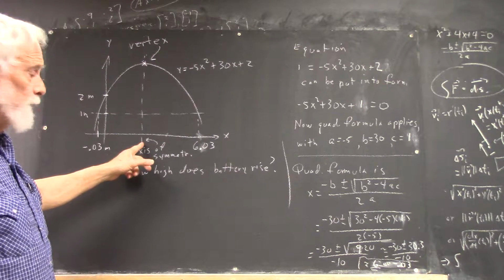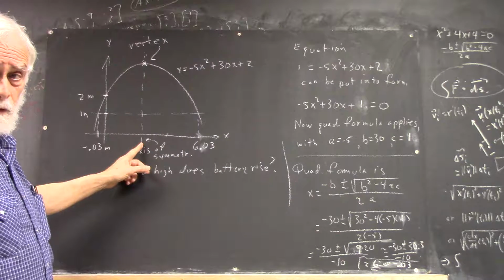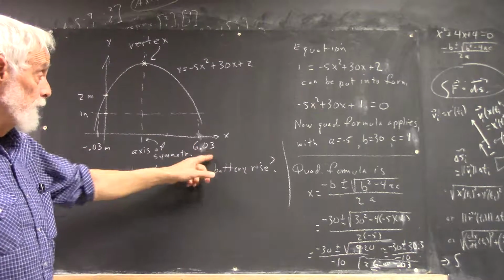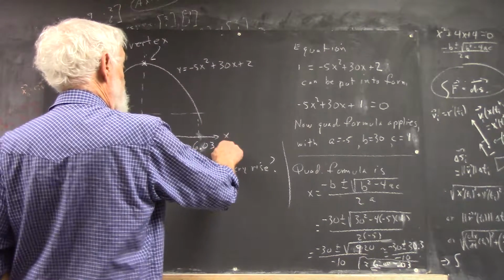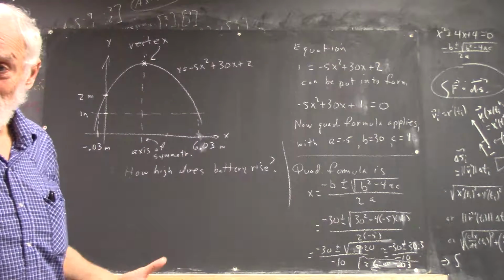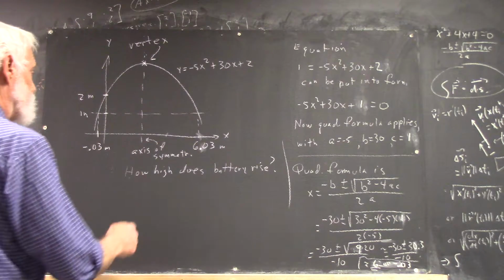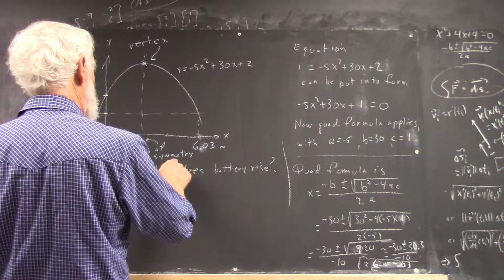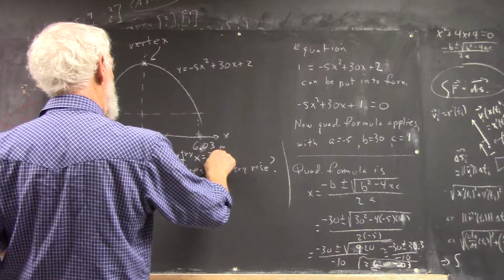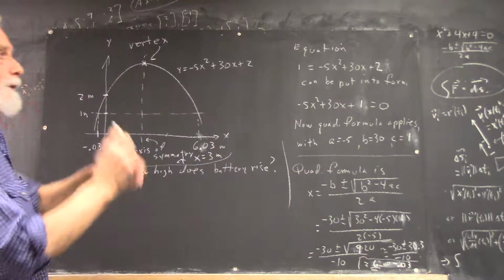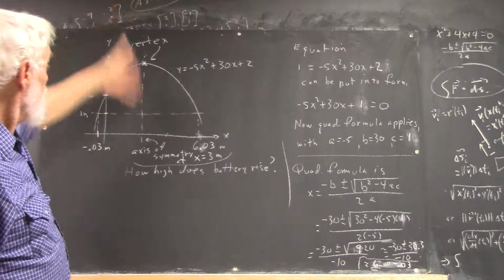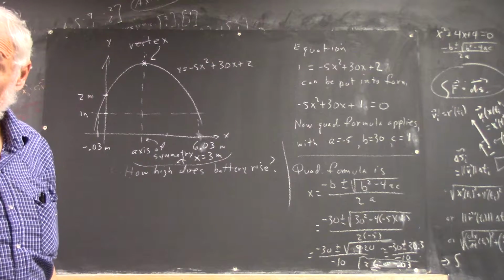So what does the axis of symmetry have to be? Right in the middle. Yeah, so what's right in the middle between negative 0.03 and 6.03? I'm sorry? 3. Yeah, you add these and divide by 2, right? Average the two numbers. So after it's gone 3 meters, it's at its maximum height. And you have these important characteristics of the graph of a quadratic, right?